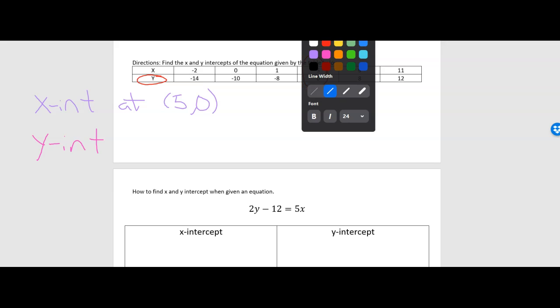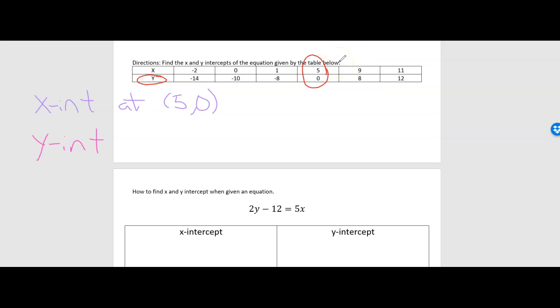For our y-intercept, we need to look at where x is equal to 0, and that turns out to be right here. So our y-intercept is at (0, -10). Quite easy in a table. If the zeros are given to you, then you can easily find the intercepts.